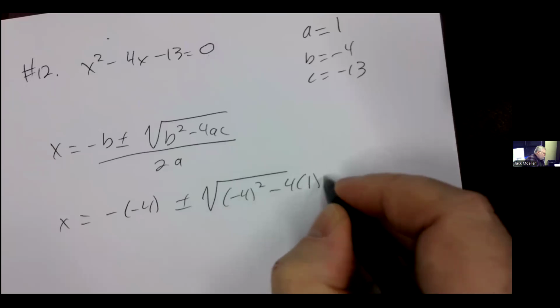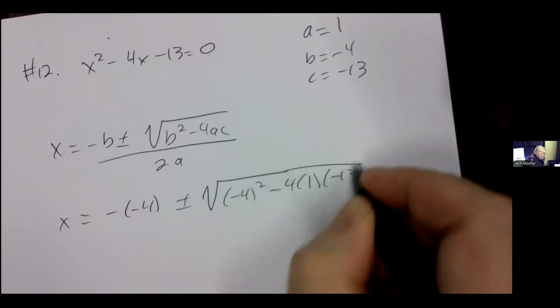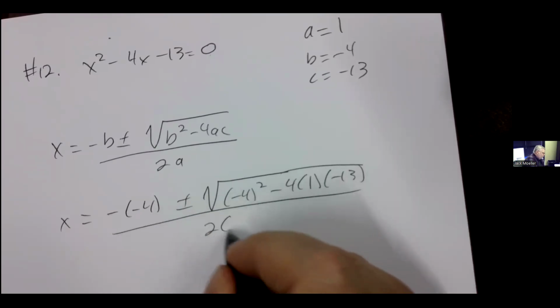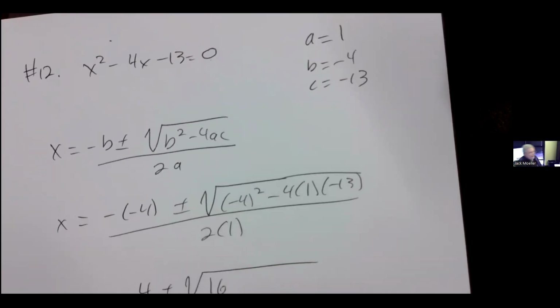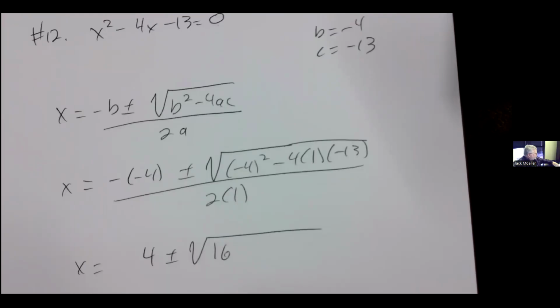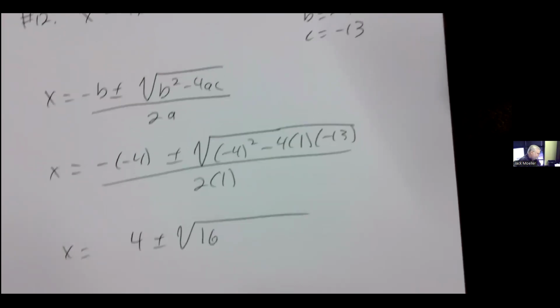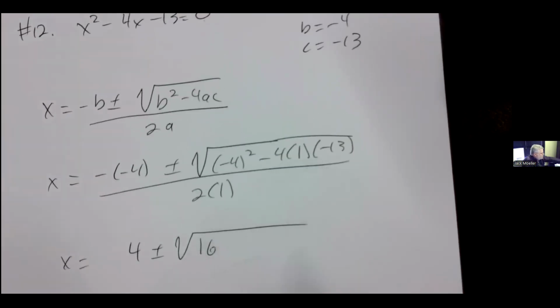Then minus 4 times A times C, over 2 times A, 2 times 1. So 4 plus or minus the square root of -4 squared, which is 16. Here's where a lot of mistakes are going to be made on this one. What is 4 times 13 times 1?